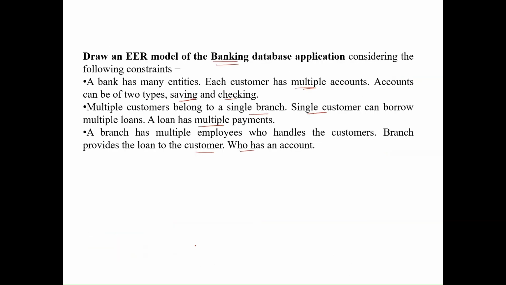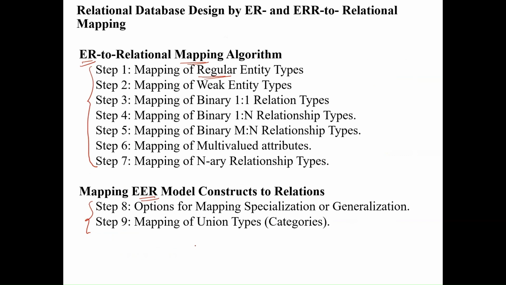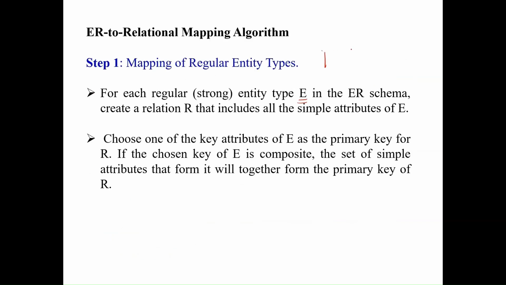So in this way, step 1 is saying mapping of regular entities. For each regular entity E in the ER schema, create relation R. We have to write down the relation R and include all the simple attributes, whatever the attributes of this entity E. Then choose one of the key attributes of E as the primary key. So we can consider social security number as the primary key of this employee entity.